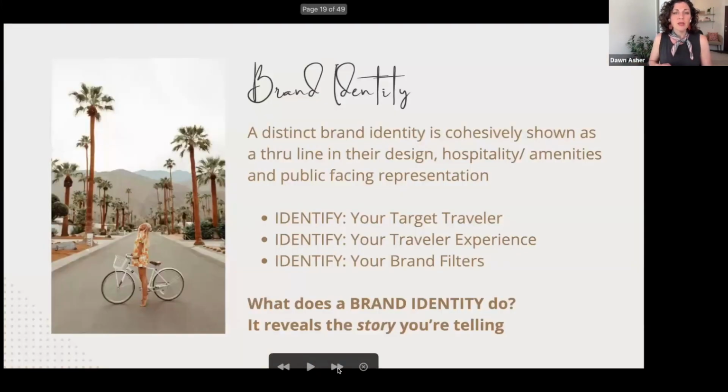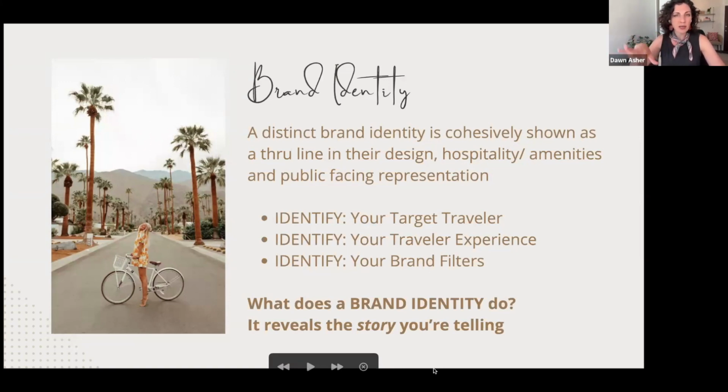From a very foundational starting point, we first talk about brand identity. You want to be thinking about a distinct brand identity, because a distinct brand identity is cohesively shown as a through line through your design, through your hospitality and amenities, through your public facing representation. And viewers can pick up on that.